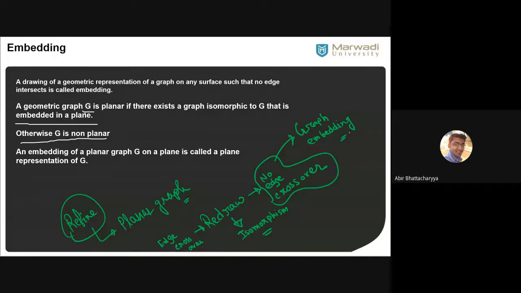So whenever you can successfully redraw a graph on a plane without any edge crossover, that is known as a graph embedding.